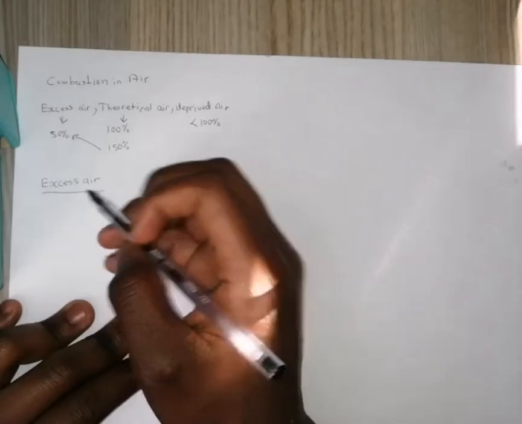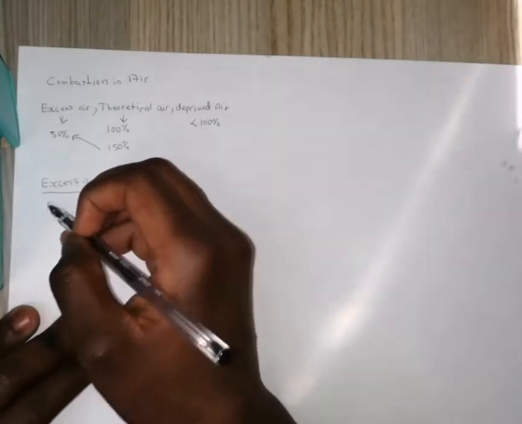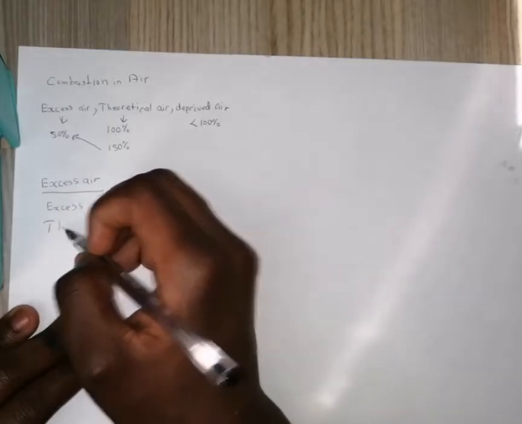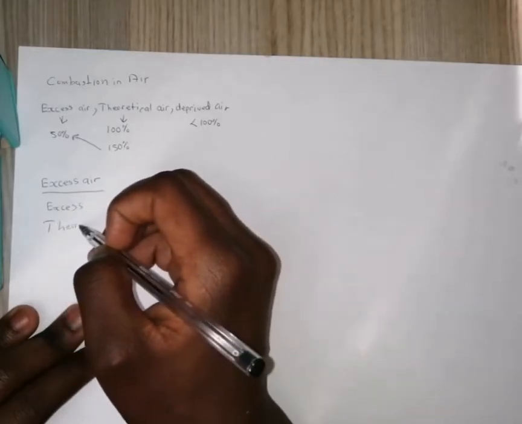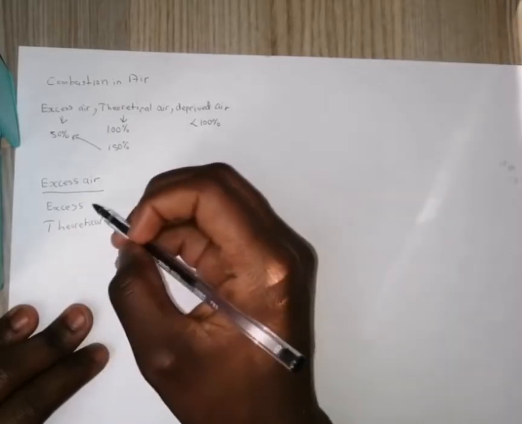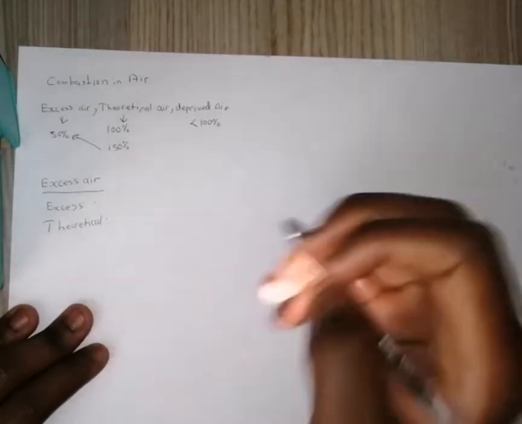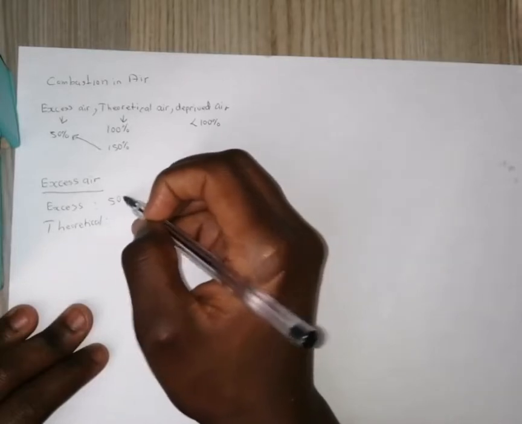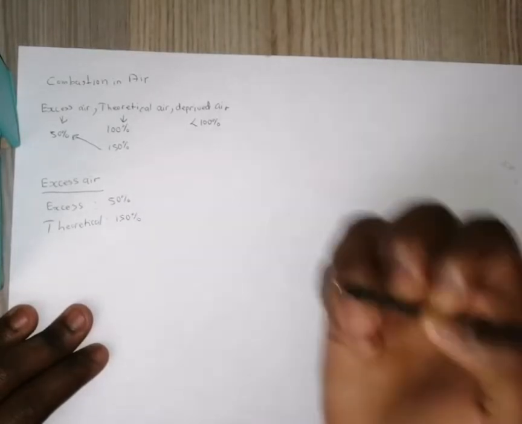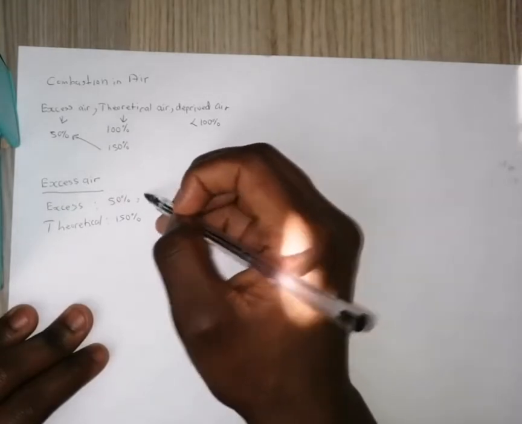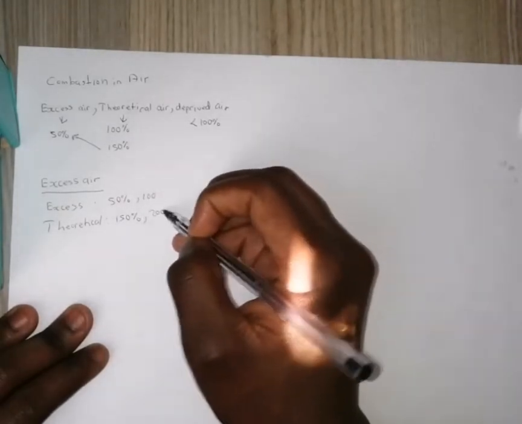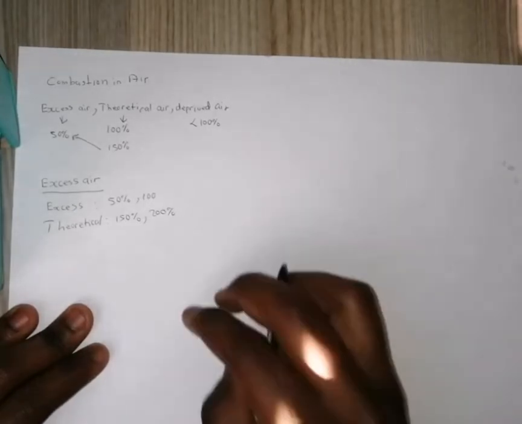So we have to look at these terms: excess air and theoretical. When we say excess air, we mean more than, so 50% excess air is 150% theoretical air. 100% excess air is 200% theoretical air.